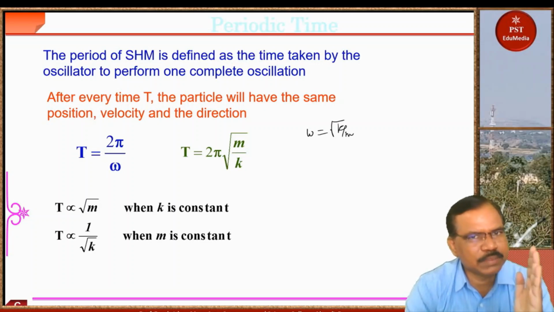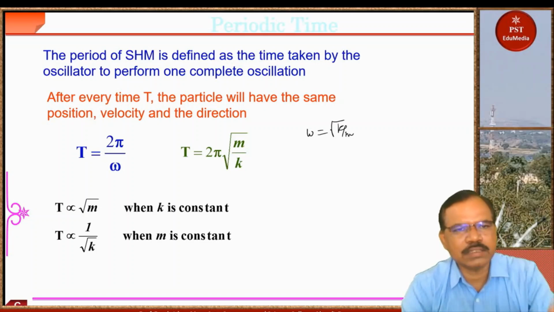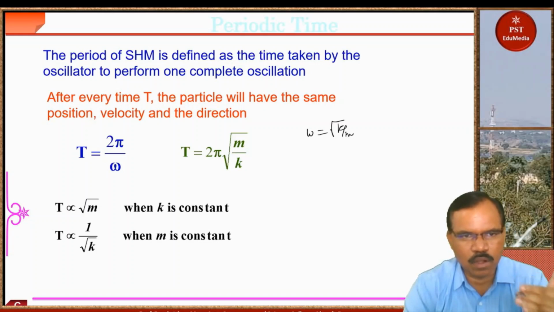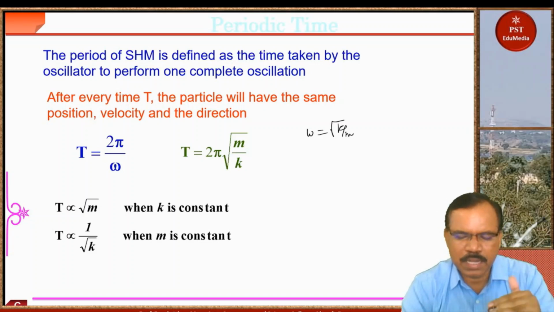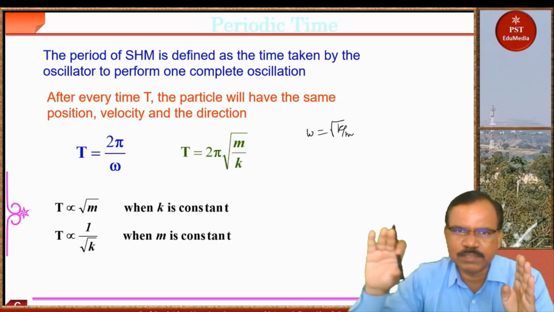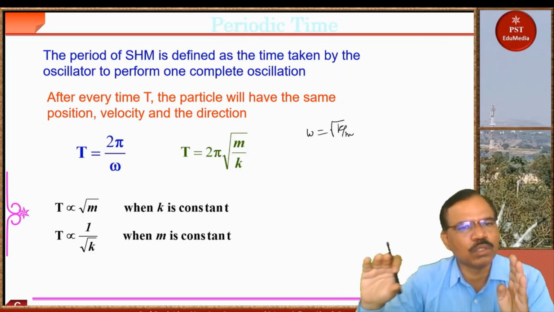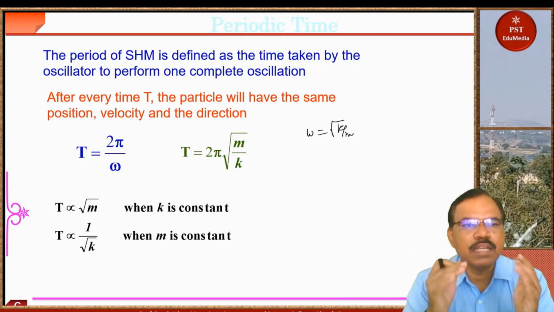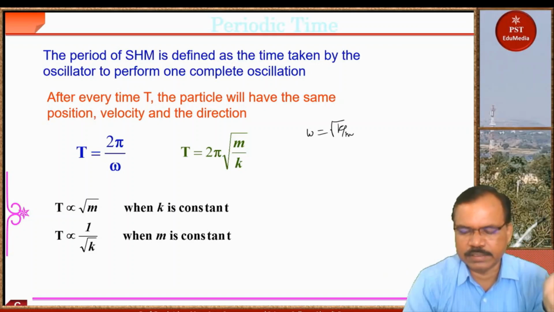So if we take the same spring and go on increasing the mass, the period will go on increasing. But suppose we take the same mass and different springs having different force constants k, and if k is increasing, the period of oscillation is decreasing.